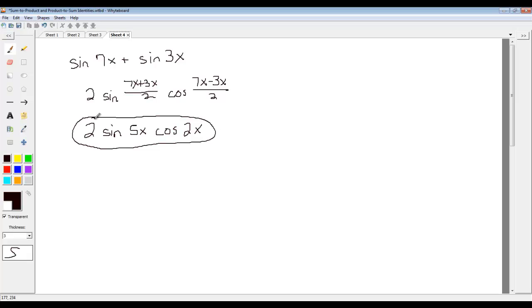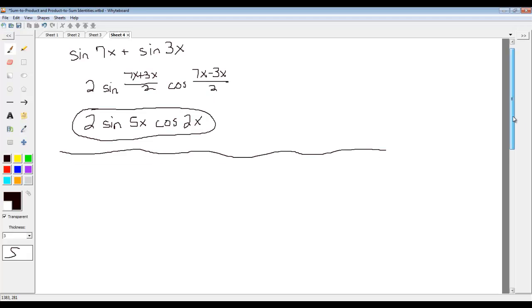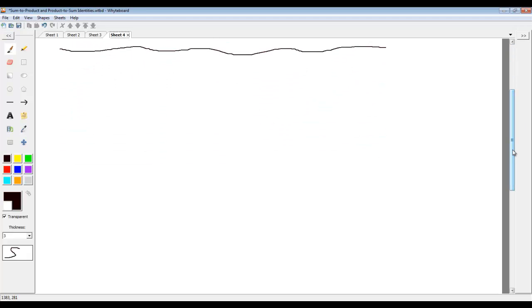Right. Let's also do one where we verify an identity. I think those are fun. You've got to have plenty of those in your homework. Let's say you're given a problem like cosine 3x minus cosine x over sine 3x plus sine x equals negative tan x.